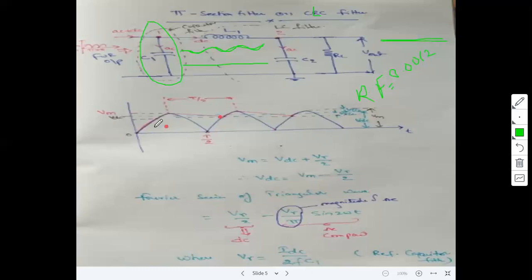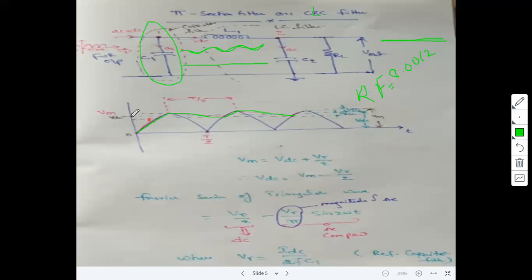Now observe, this is the capacitor filter output. Like this, charging and discharging, and again charging and discharging. It looks like a triangular waveform.